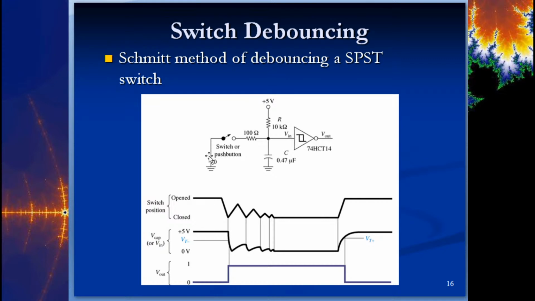But here it has a clear path to ground, so it's going to drop the majority of the voltage here, and then this will be a very, very small voltage drop over here to get the current to flow down to this ground.